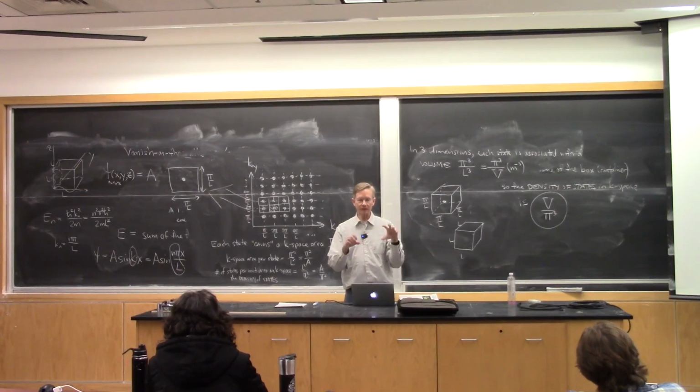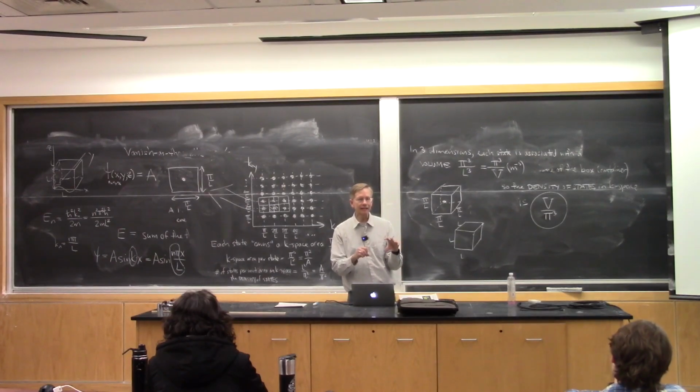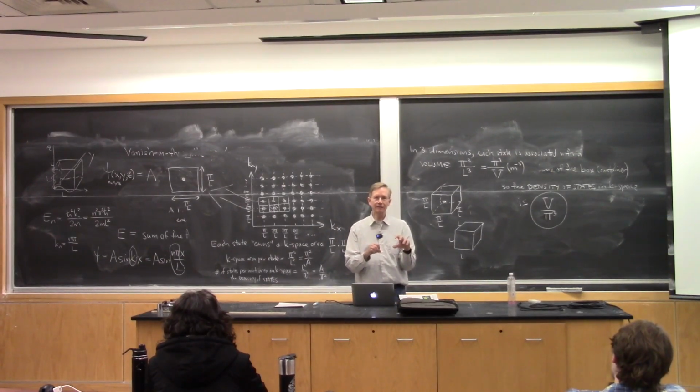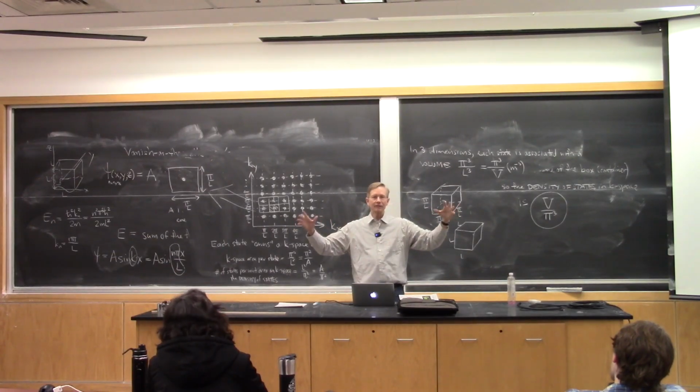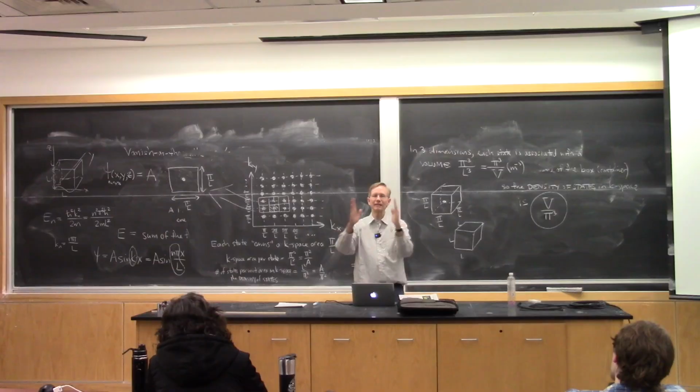And not only that, the physical space wave function and the momentum space wave function are Fourier transforms of one another. It's a property of Fourier transforms that if the function of x, y, and z is spread out, its Fourier transform is narrow, and vice versa, and that's where the uncertainty principle comes from.